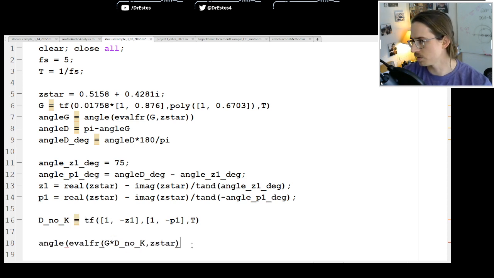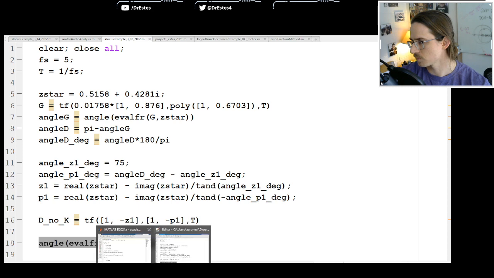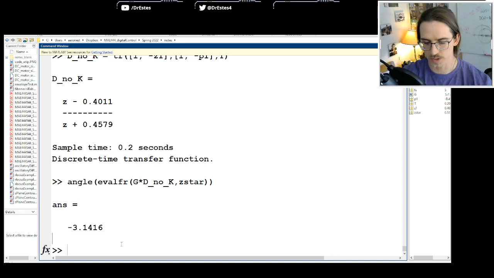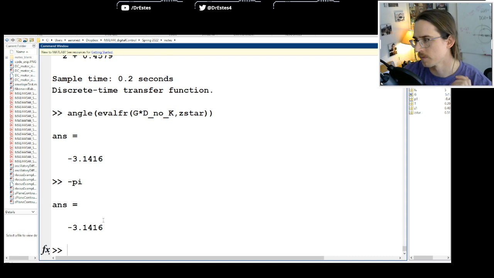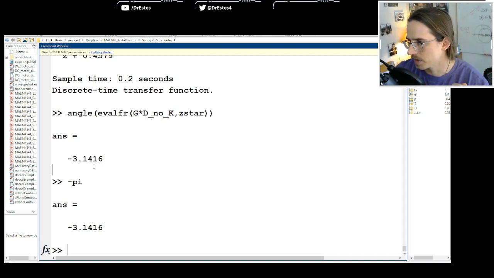This angle should overall evaluate to 180 degrees. So let's run that. Okay, this gives us negative 3.14, which is negative pi. The angle of negative pi is the same as the angle of positive pi. It's like turning around 180 or minus 180. It brings you to the same angle. So I'm not worried about this. That's okay. So this controller works. We've satisfied the angle criterion.